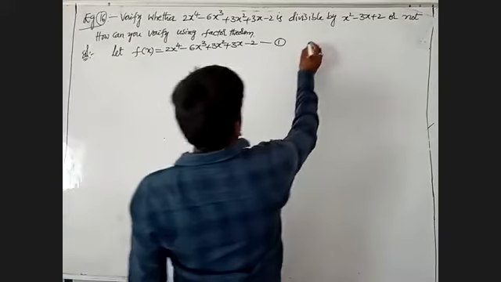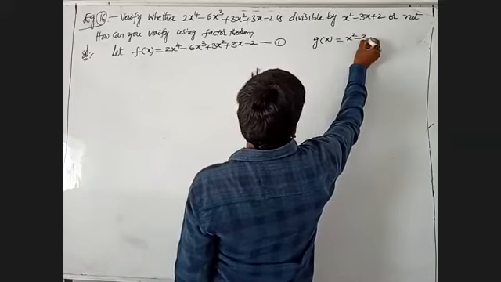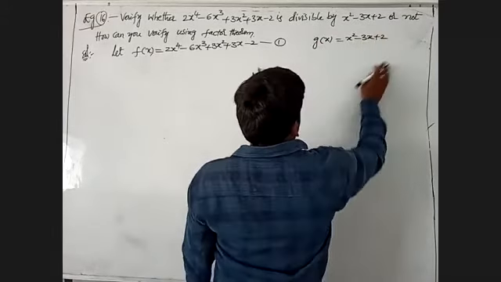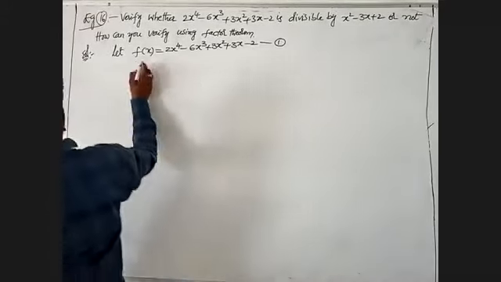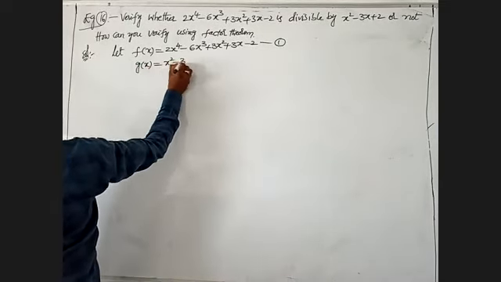After that, we take another polynomial, g of x is equal to x square minus 3x plus 2. We have to find the factors of g of x.